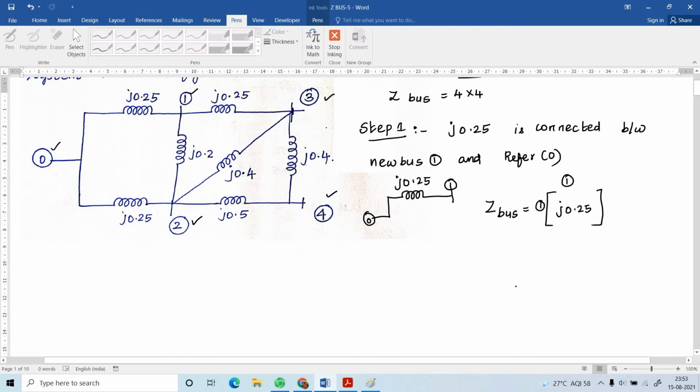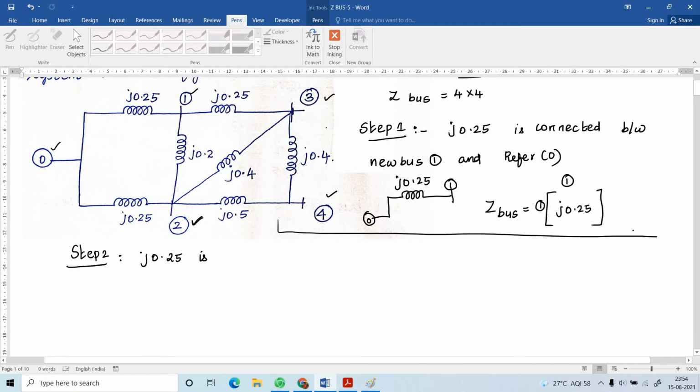Next I am going to explain step number 2. In step number 2, the impedance J0.25 is connected between new bus 2 and the reference bus. That is step number 2.